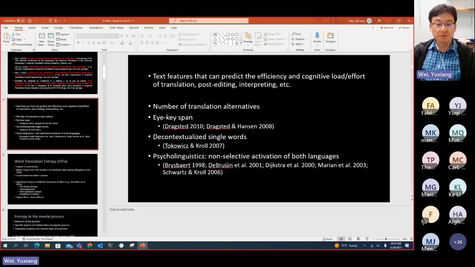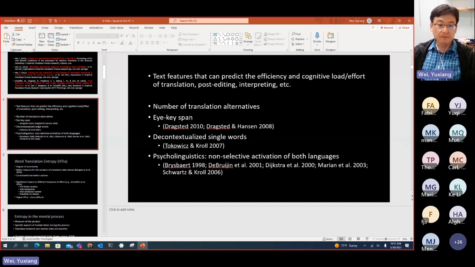For example, the number of translation alternatives for a particular source text item has been shown to have a significant impact on I-key span. I-key span is the time interval between the first fixation on a word and the start of production for its translation.